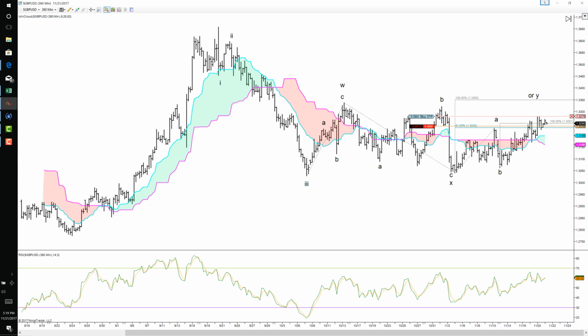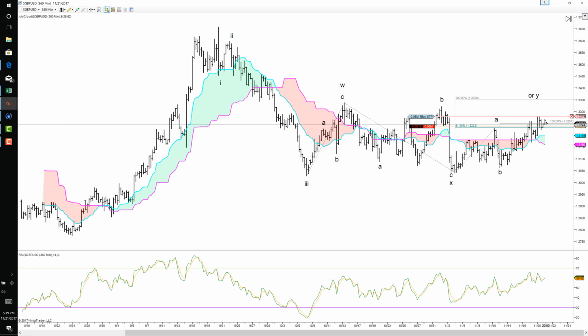I still don't think this is the end of Y. I think this is the 3 basically. So from here would be 1, 2, 3, and my short will be going to wave 4, which will give me about 70 to 80 pips if correct.